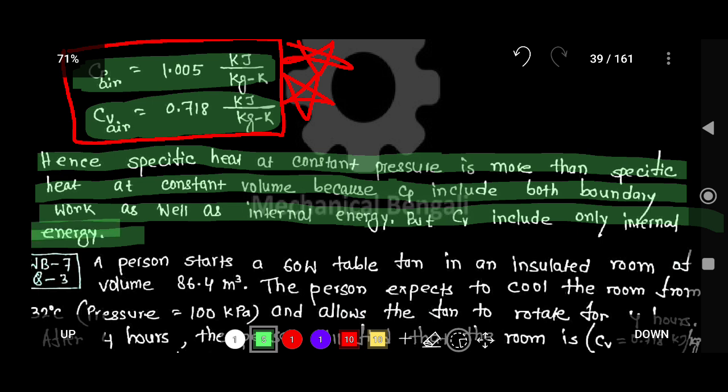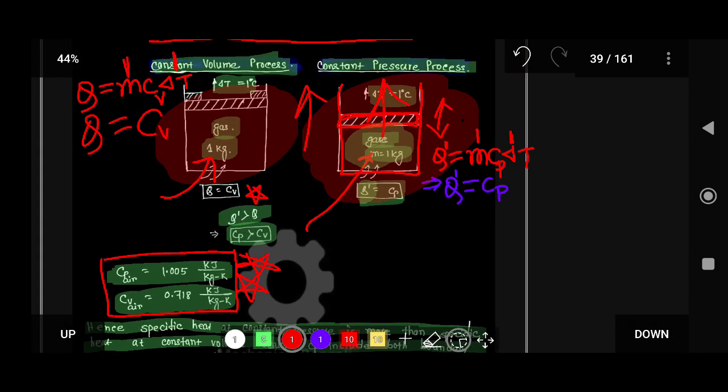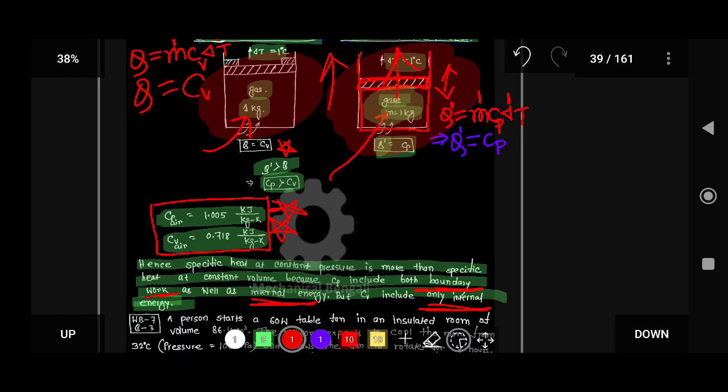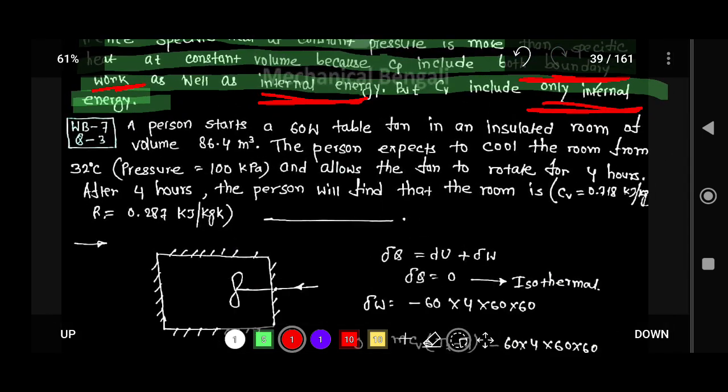So basically in the constant volume process only internal energy increases, but in the constant pressure process the internal energy increases and boundary work is also there, because the piston goes upward. So that is why there is some boundary work. Okay. So this is all about specific heat at constant pressure and specific heat at constant volume.